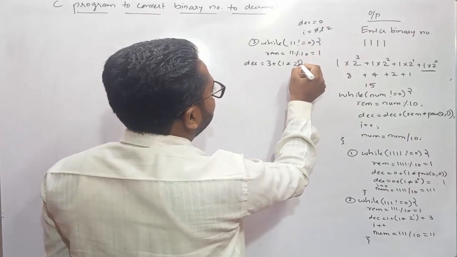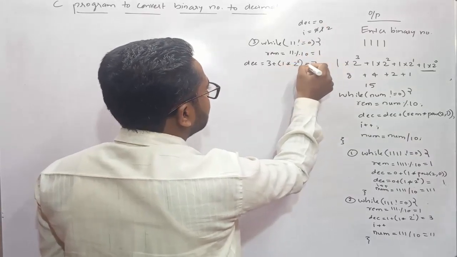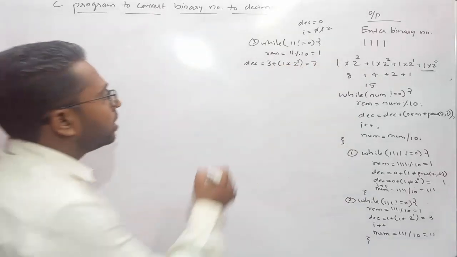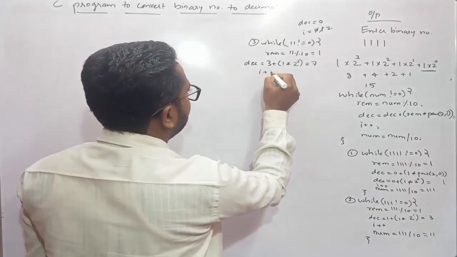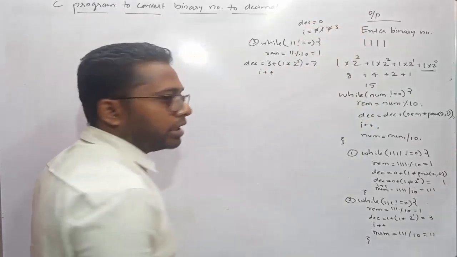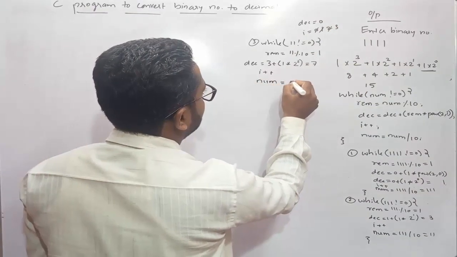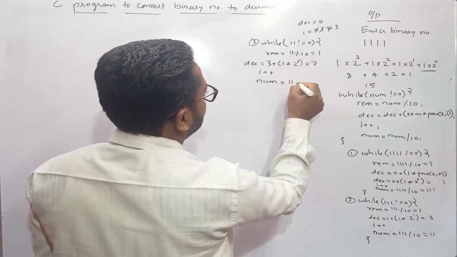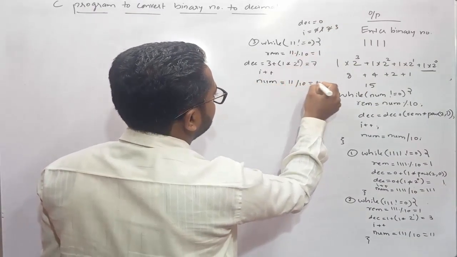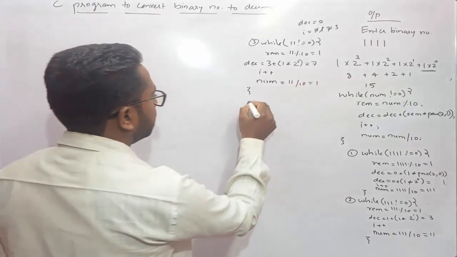So 2 raised to 2 is 4. 4 into 1, 4 plus 3, now it becomes 7. Again the I value gets incremented by 1, so I will become 3. Next num equals 11 by 10, which becomes 1. Next we will move on to the fourth iteration.